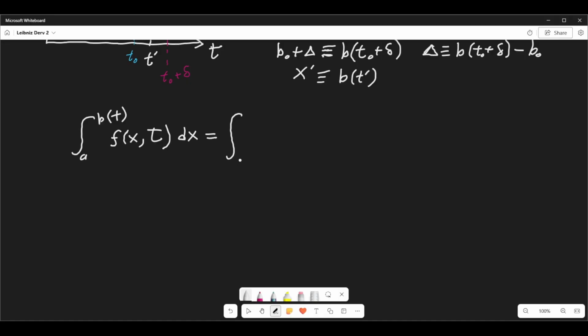This integral can be split up, so this goes from A to B naught, f of x comma t dx, and that is added to the rest of the way, which is B naught to B of t, and this is f.